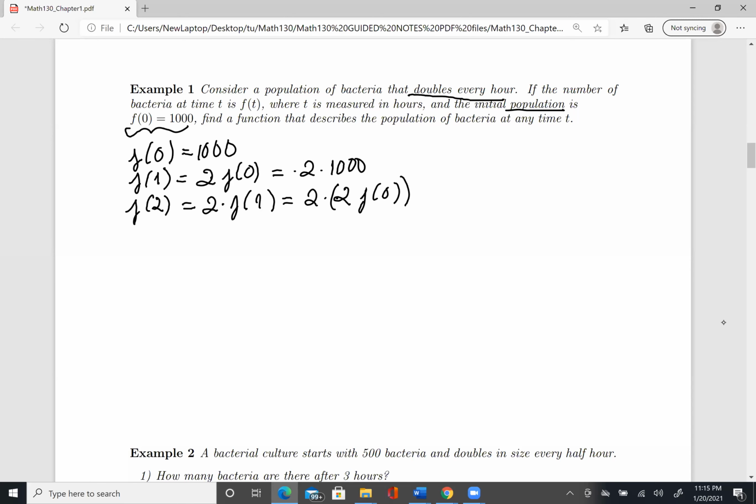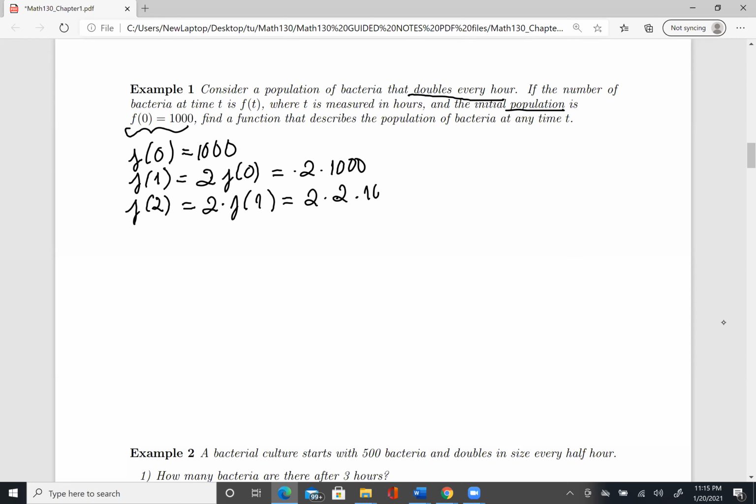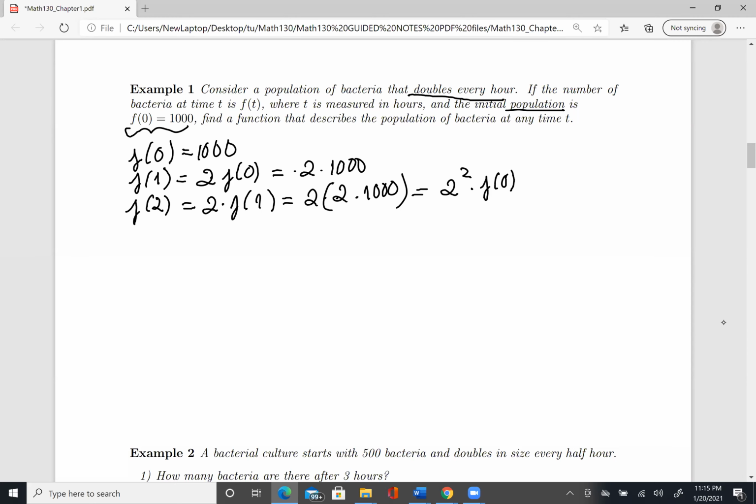See that? Or I can rewrite it as 2 squared times f(0), because f(0) was 1000, right?